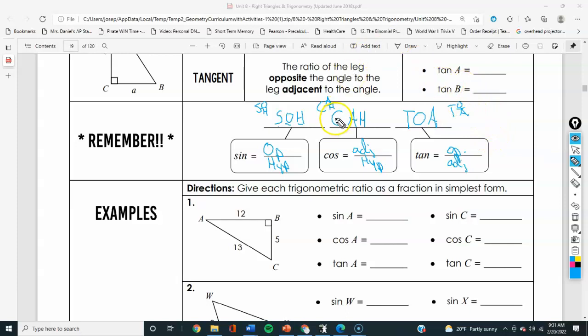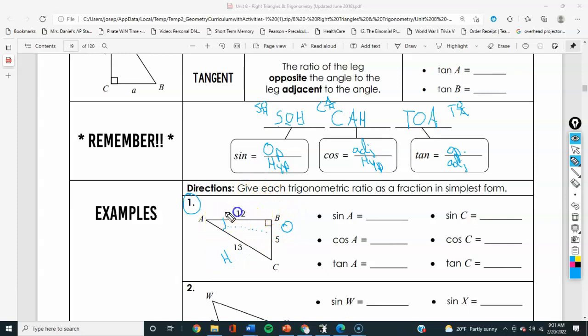Alright, let's try one. Let's take a look at number 1. Find sine of A. First thing I like to do when I'm looking at trig functions is label my sides as opposite, hypotenuse, and adjacent. So when I look at A, the side opposite is 5. That's my O. The hypotenuse is always my longest side.